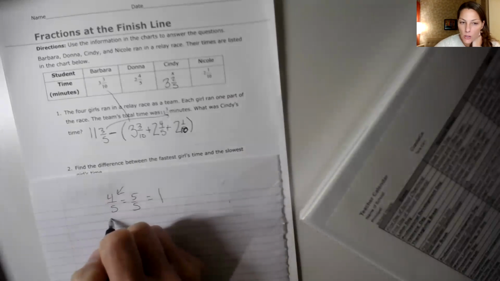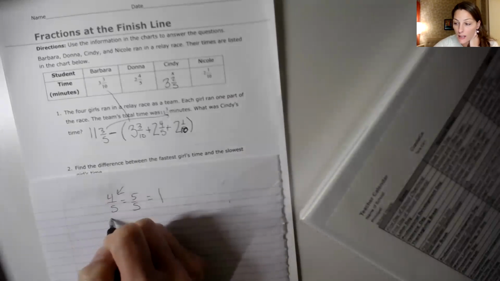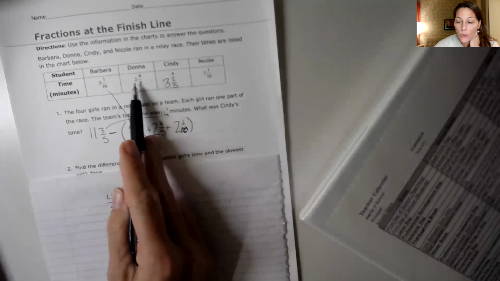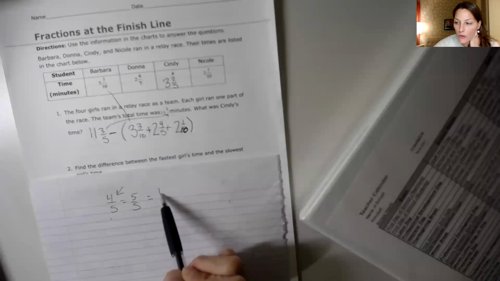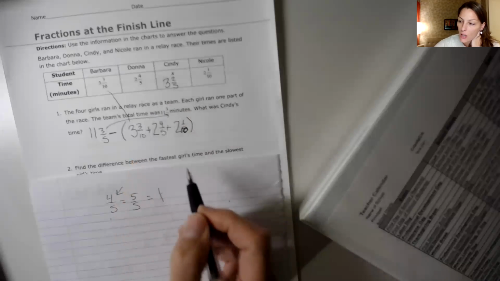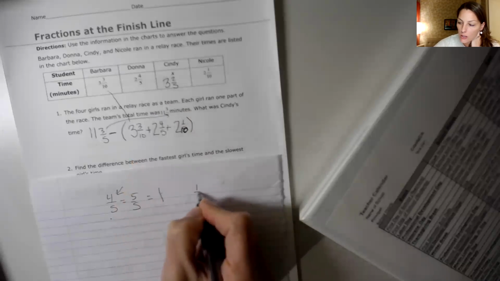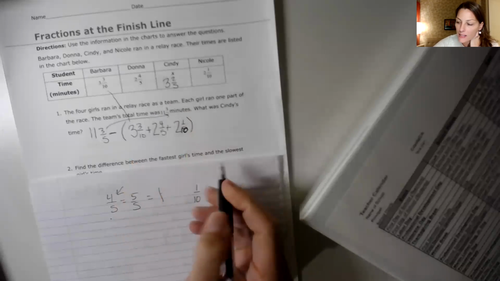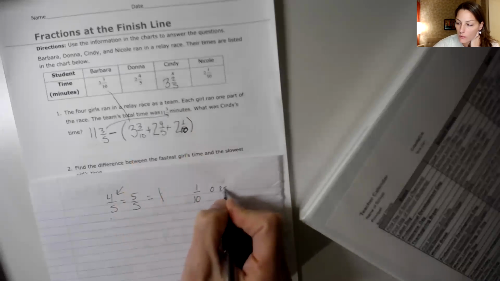So 4/5 is almost another whole second. That's going to make Donna's time very close to 3 minutes, because it will add that other second and become 3 minutes. But Nicole's time has a 1/10 of a second on the end of hers. That's actually close to 0.